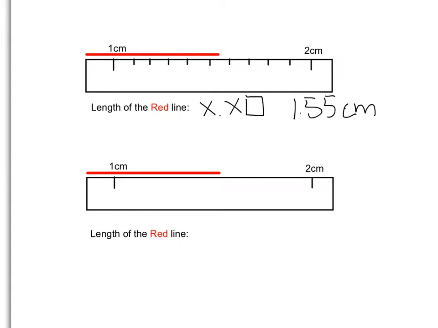In this case, I'm increasing by increments to the ones place, so I'm going to estimate to the tenths place always. So I might estimate that this line is 1.6 centimeters if all I had was the provided ruler. So with any measuring device that you have, always look at the smallest increment and estimate one place value further to the right.